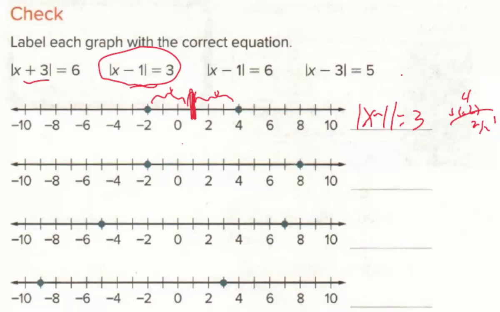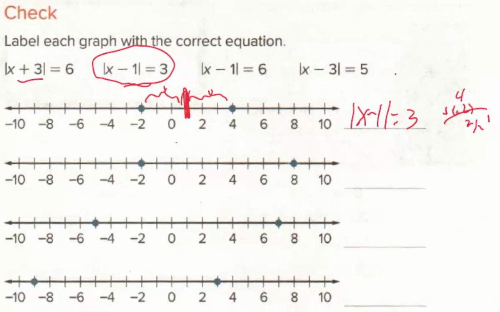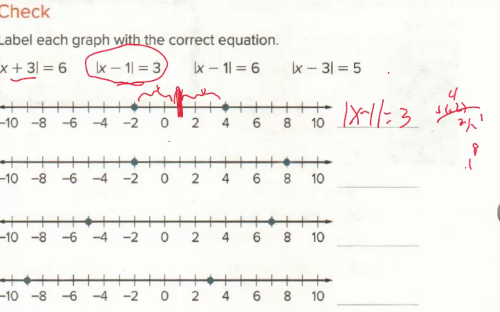Okay, for this next one, I can average, or I can just kind of eyeball it here. I want to find the midpoint. Let's see, I'm going to go ahead and average them. 8 plus the -2 will give me 6. Half of that is 3. So I'm looking for a value of 3 as the midpoint. And that's going to be a minus 3, not a plus 3, because remember, the original problem is always in minus.